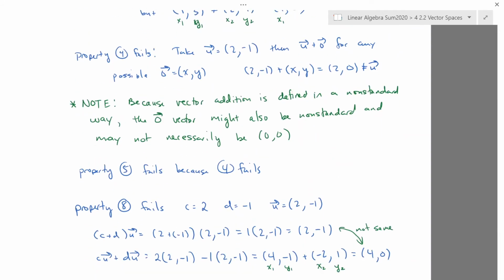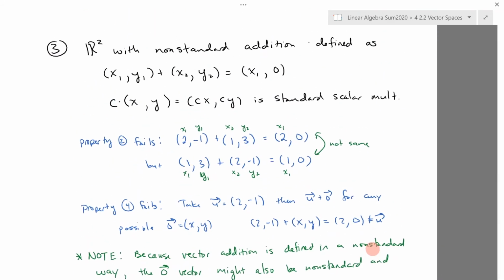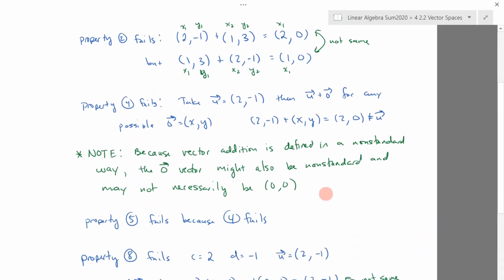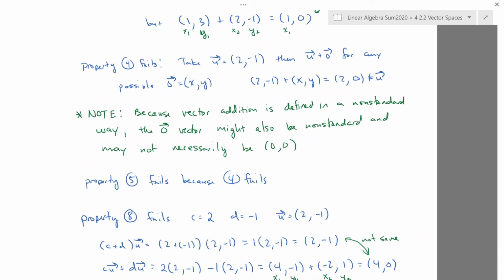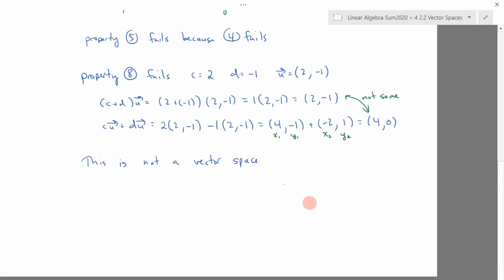In general, in this kind of problem, it's not always obvious which of the properties may hold or which of the properties may fail, and so you have to play around with some examples to get an idea of which properties are okay, which properties fail.